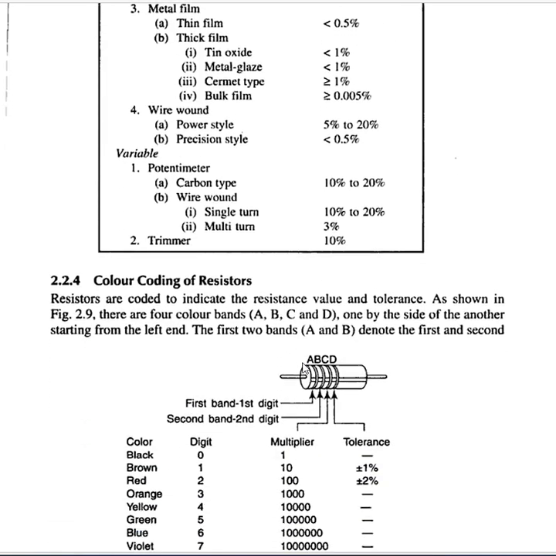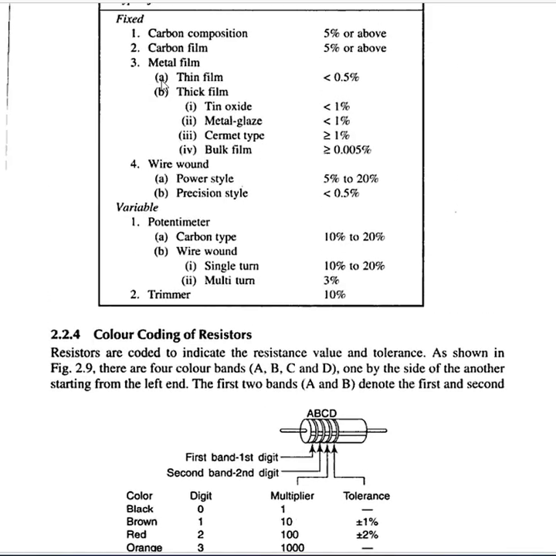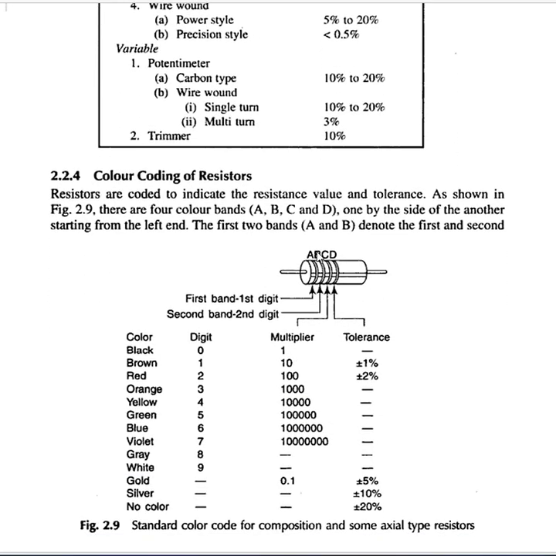Color coding of resistors. Resistors are coded to indicate the resistance value and tolerance. As shown in figure 2.9, there are four color bands, which can be represented by A, B, C, and D, one by the side of another, starting from the left end.